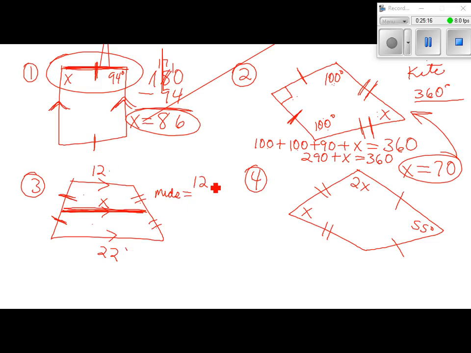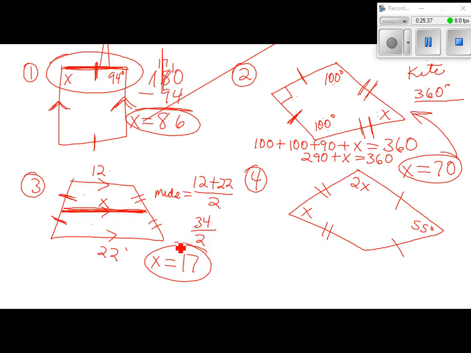So 12 plus 22, and we're going to divide that by 2. Just grab your calculator. 12 plus 22 is 34. 34 divided by 2 is 17. So x right there has to equal 17. That mid segment has to be 17.